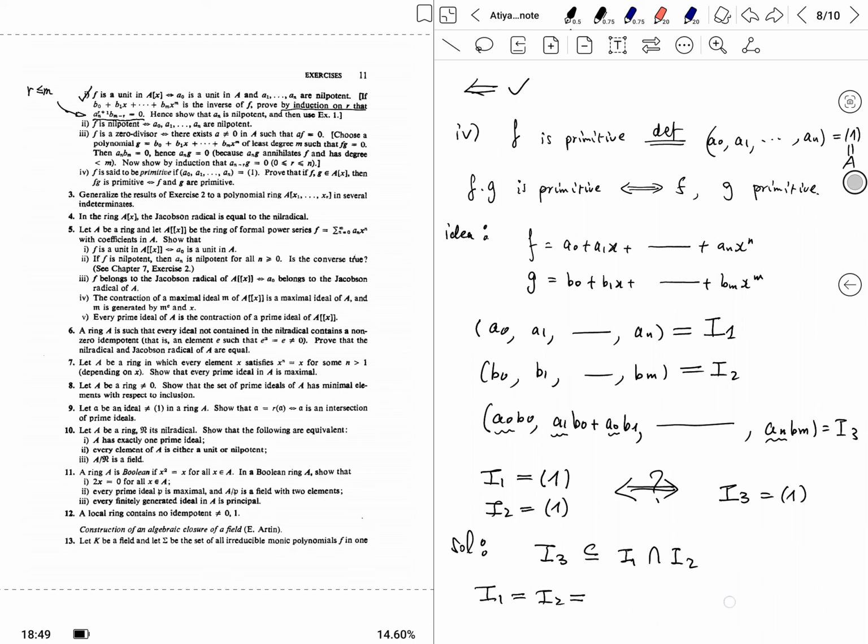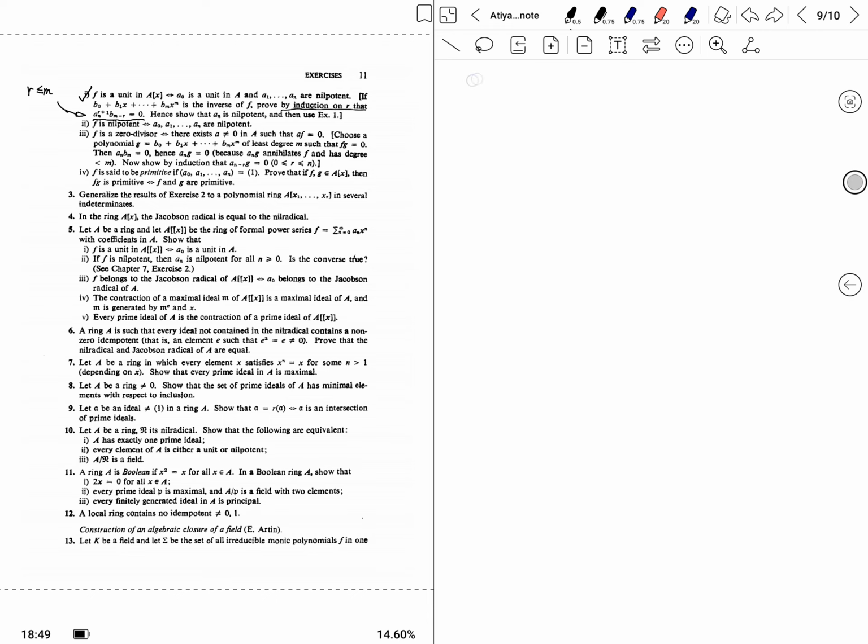This tells that if I3 is already the identity, then so are I1 and I2. What is left to prove is that I1 and I2 being the identity implies I3 is.